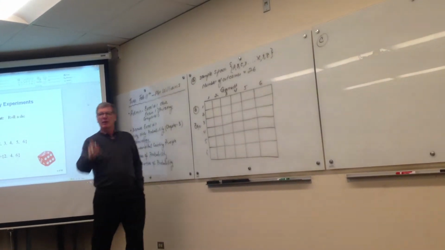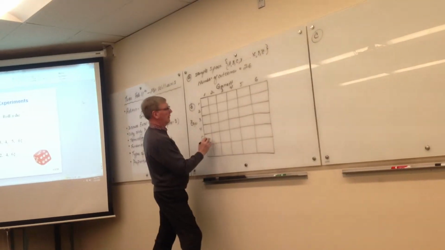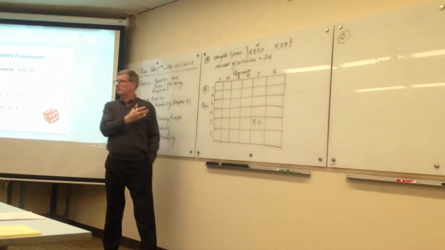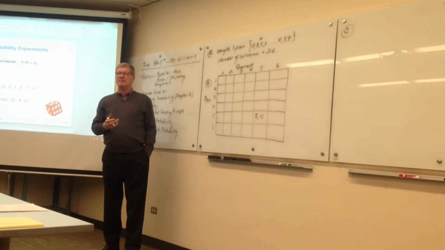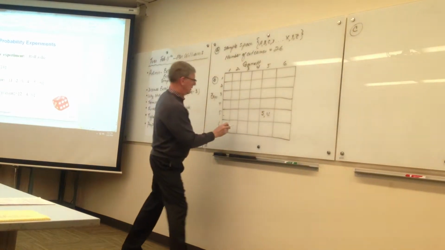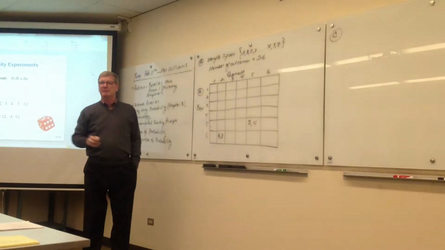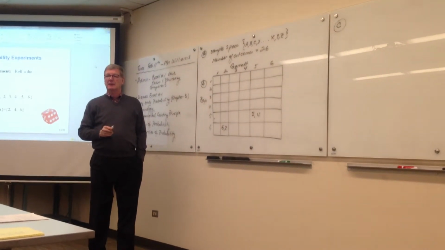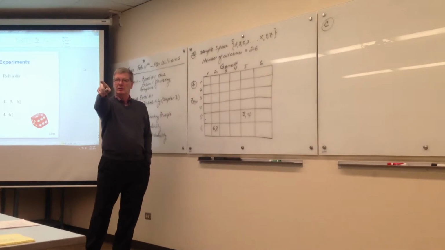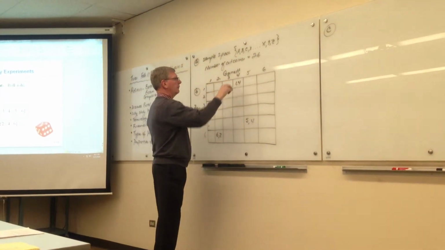I got 4. I got 5. Okay, so 5, 4. What did you get? 2. 6, 2. Okay, roll them again. Yours first. 1, 4. Roll them again.